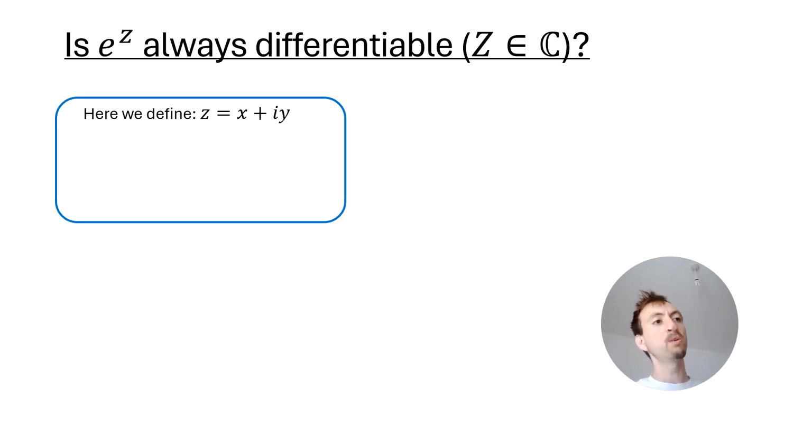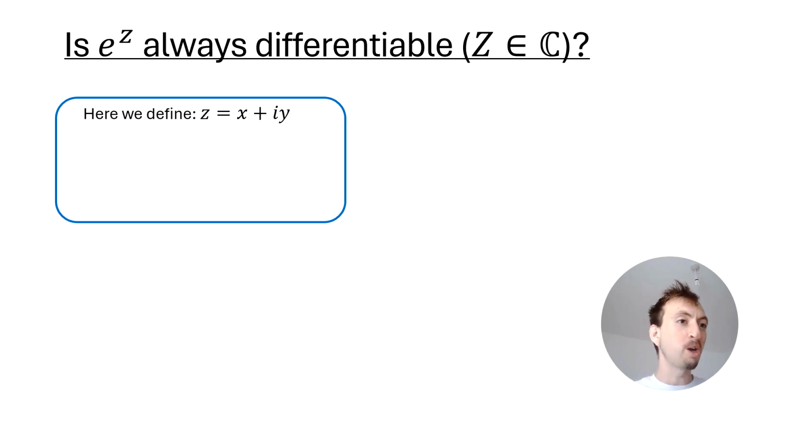Now we can ask, is e to the z differentiable? And our intuition, as it is usually built from real functions, that is functions of real variables, would go, well, surely e to the z is differentiable.